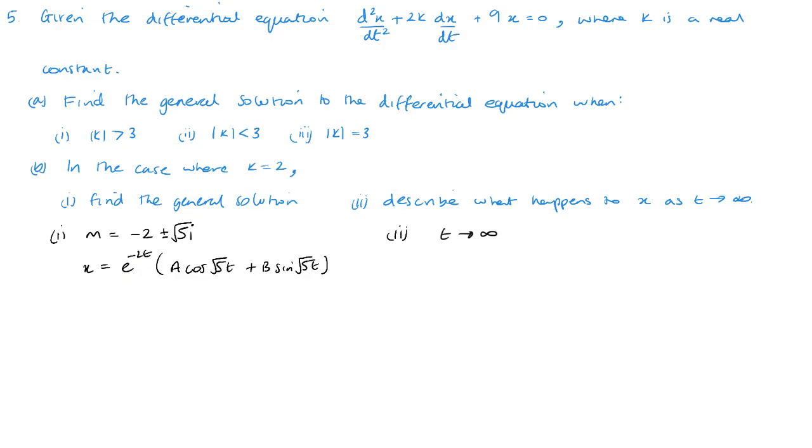Because this is 1 over e to the power 2t. Okay, which as it tends towards infinity would be like infinity. 1 over infinity is basically going towards 0. So as t tends towards infinity, x tends towards 0. And there we have it, job done.